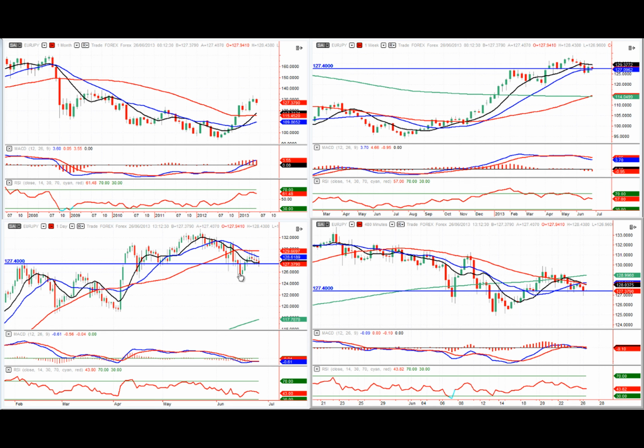So I'm keeping a close eye on Euro Yen for possible shorting opportunities in the short term, but also potential longer term opportunities back in the direction of the prevailing trend, keeping a close eye on this 127,400 level. Okay, so that concludes the midweek market outlook and potential trading opportunities to look out for.